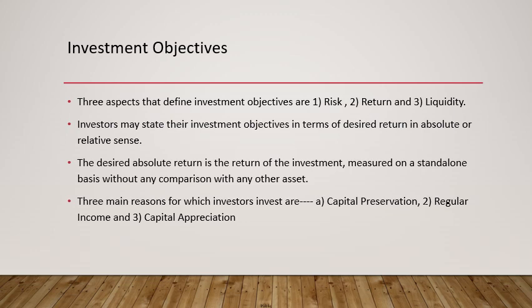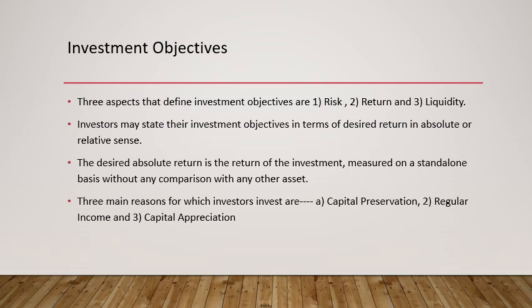So either you can use it against a benchmark and say that I want around 20% return compared to a benchmark, or I want a return equivalent to a benchmark, or you can think about an absolute return where you don't look at a benchmark or compare it to anything and just mention an absolute return. The desired absolute return is the return of the investment measured on a standalone basis without any comparison with any asset, right? So it's not getting compared with any particular asset class.